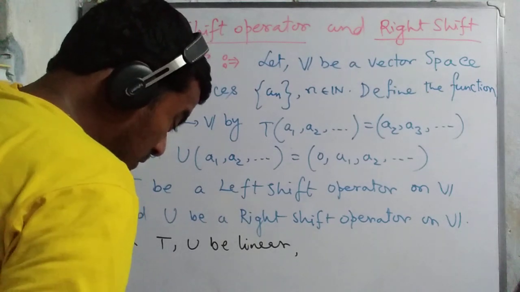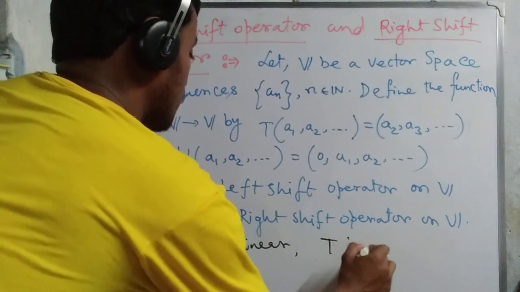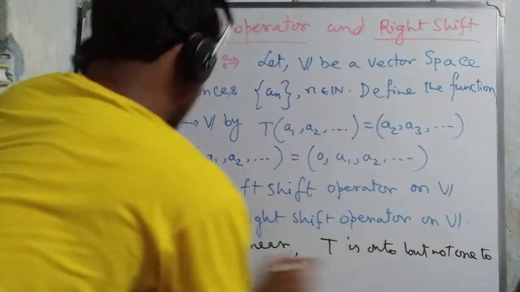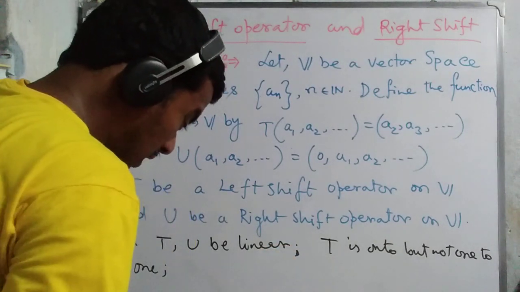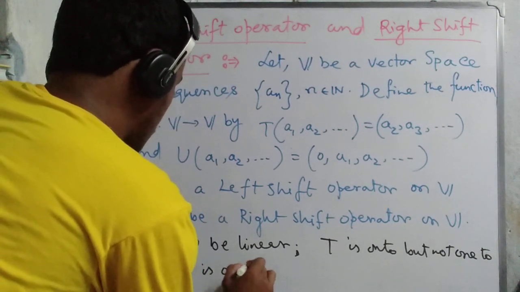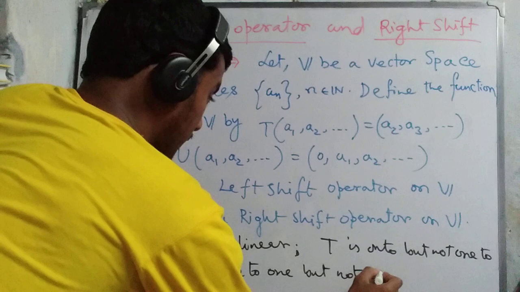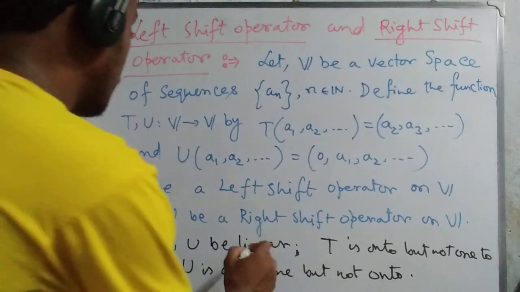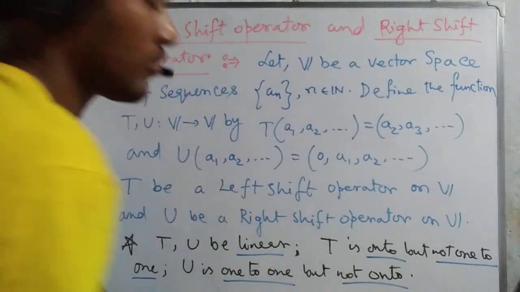And obviously we also write: T is onto but not one-to-one, and U is one-to-one but not onto.